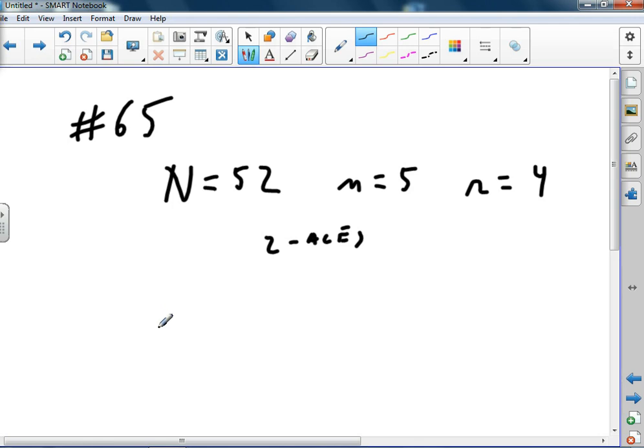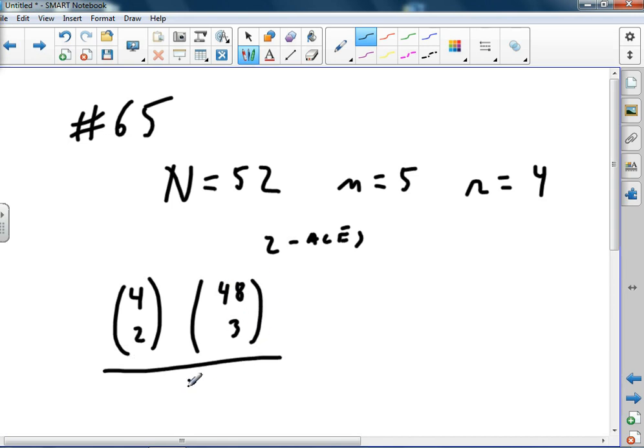So this is the hypergeometric probability. So we're going to take 4 things, 2 at a time. My 4 aces, I need 2 of them. I have 48 things left over that are being taken 3 at a time that I really don't care about. And then I got 52 things, and I'm dealing out 5 of them.